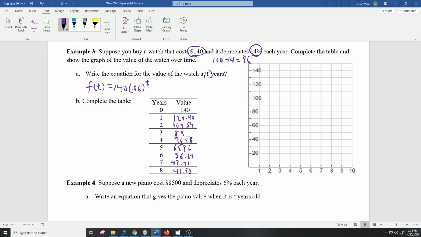So let's graph it over here. We have 0, 140. Let's put a dot here. 1 is 120, so pretty close to 120 exactly. So it's right here. 2 is 103, which would be a little bit above the 100 here. 3 is 89, close to 90 here. 4 is 76.